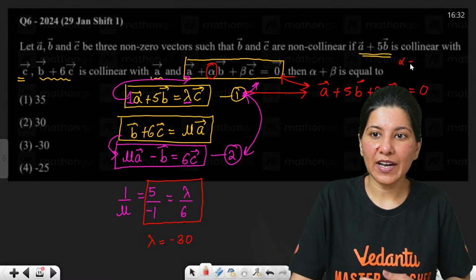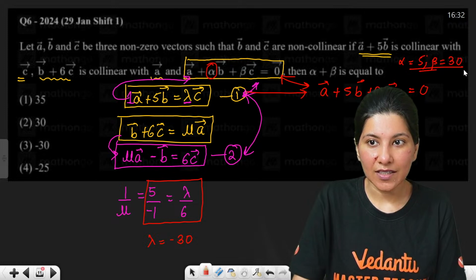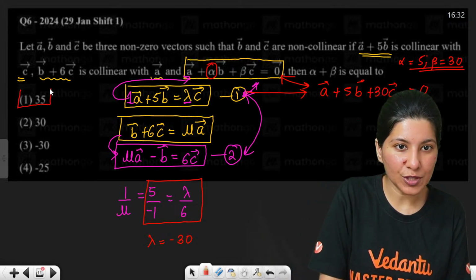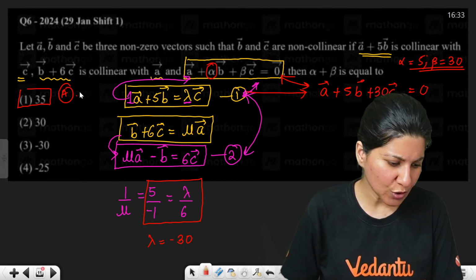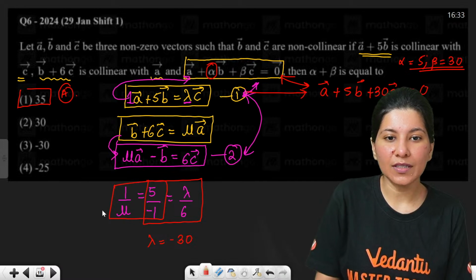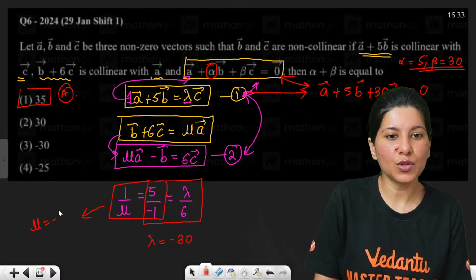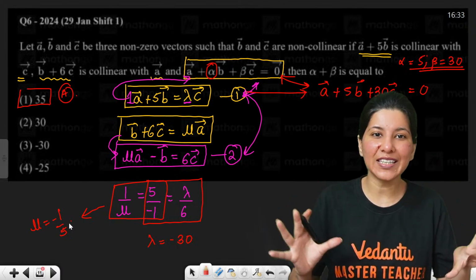Alpha equals 5 and beta equals 30. 30 plus 5, 35. Option A is absolutely correct. No, mu is not coming 0. Mu we don't want, but if you want to calculate, it is minus 1 by 5. Very easy question. Just the equation solving game.